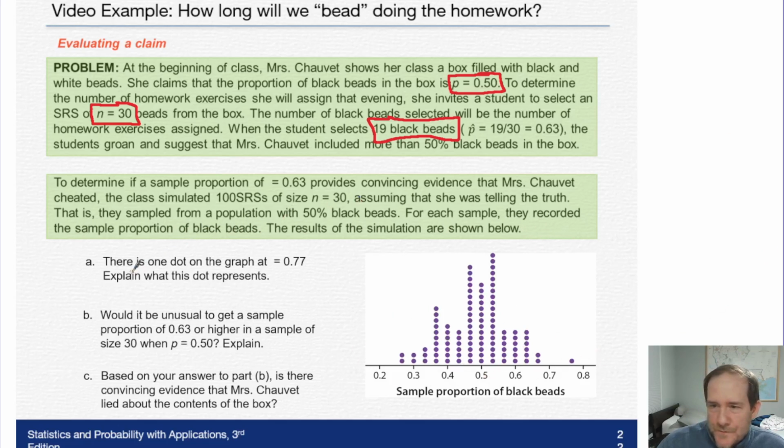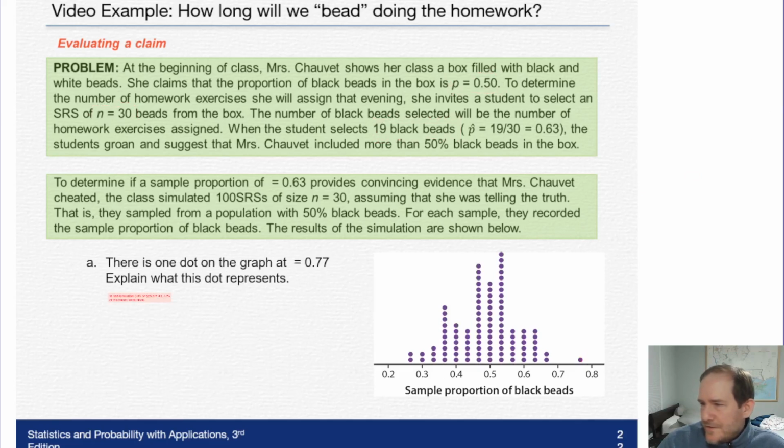First of all, it says there's one dot on the graph at 0.77. Just explain what that dot represents. So just making sure we know how to read the graph. The one that's at 0.77, here's 0.7, so this must be 0.77. What does that mean? Well, I'll show you the answer.